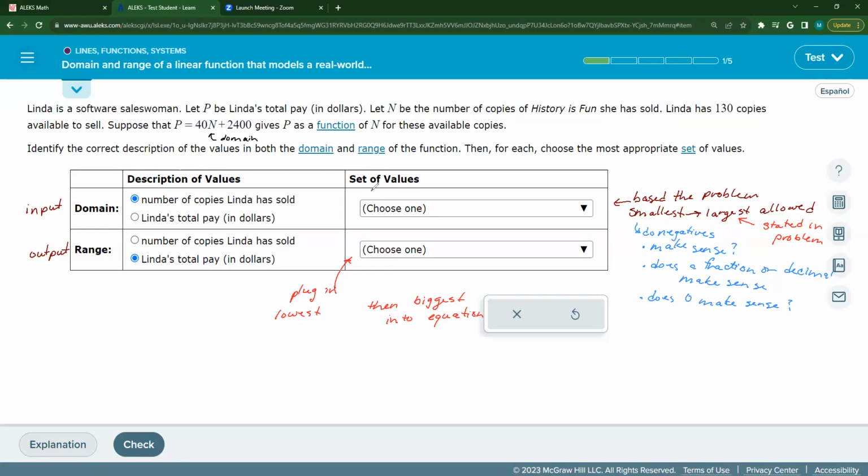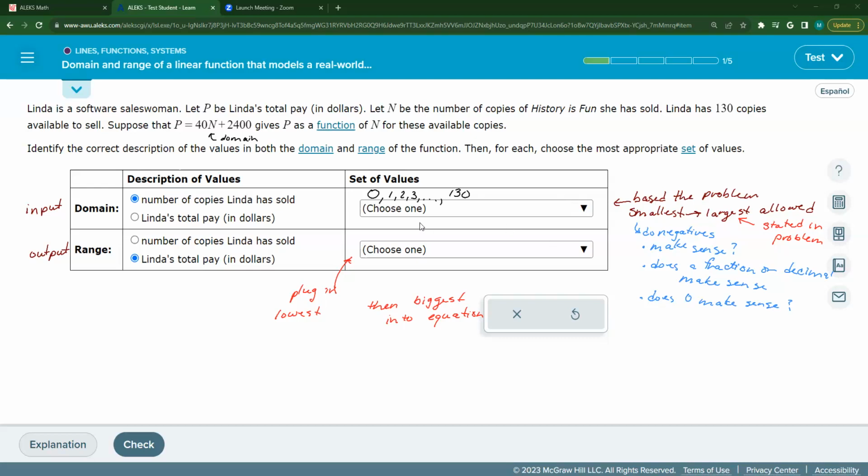So I can go from 0, but she has to sell whole number copies. So I want 0, 1, 2, 3, because fractions don't make sense. And then I can go all the way up to how many copies does she have available? She has 130. Okay, so that's going to be the choice that I'm going to want for that drop down.